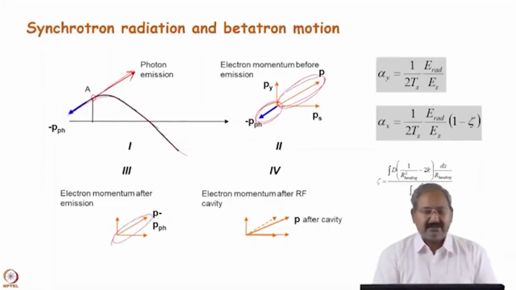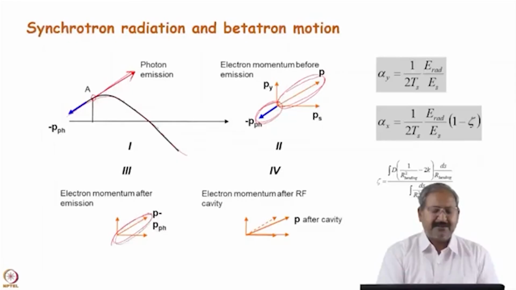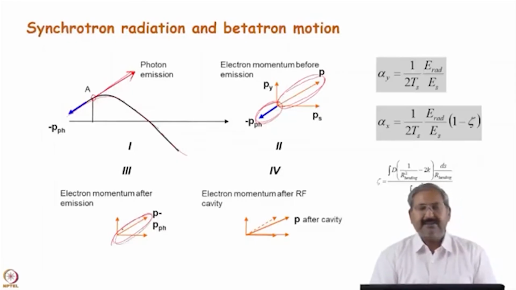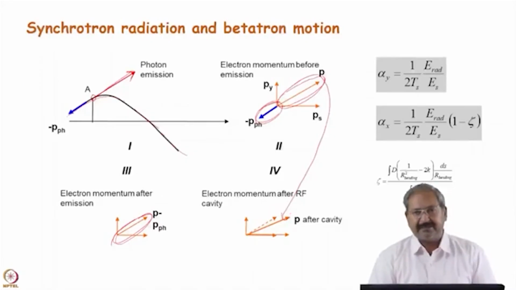When it passes through the cavity, the cavity again gives the energy and makes the momentum equal to this. So after passing through the cavity, the momentum becomes the same. We replenish the momentum lost in the form of the photon by the RF cavity.